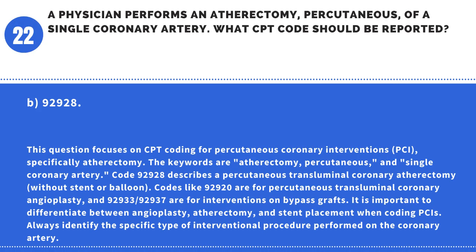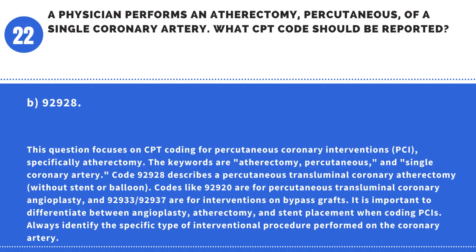Answer: B. 92928. This question focuses on CPT coding for percutaneous coronary interventions, PCI, specifically atherectomy. The keywords are atherectomy, percutaneous, and single coronary artery. Code 92928 describes a percutaneous transluminal coronary atherectomy, without stent or balloon.